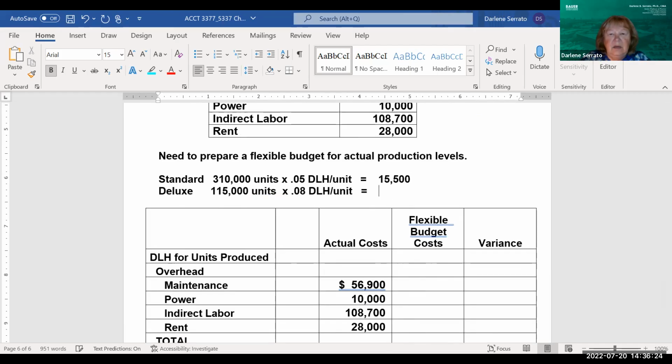Did y'all get that? So when you add them, $24,700.